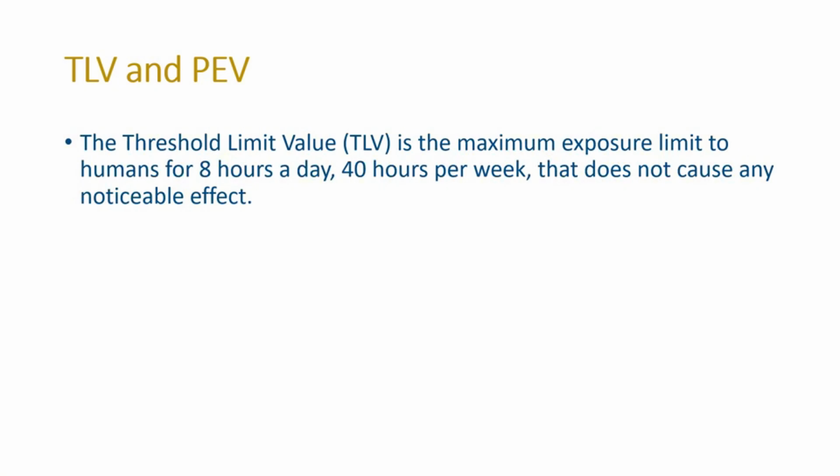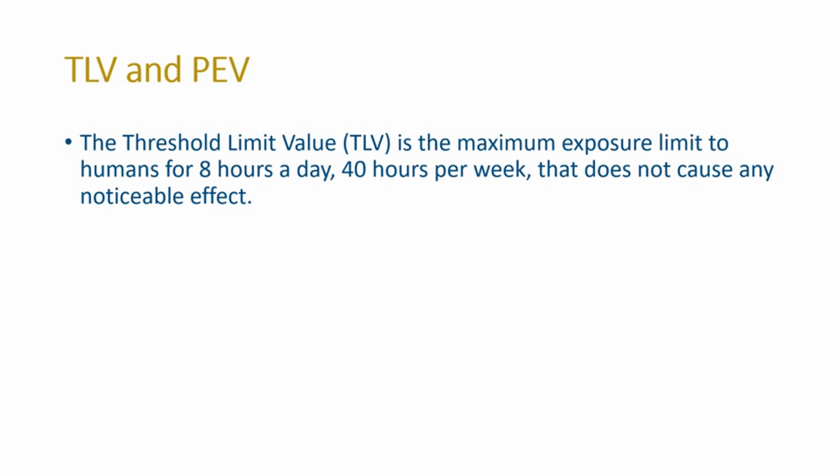So now that we better understand dose versus response and how to model that, how can we go about describing and communicating toxic concentrations of chemicals? One such means would be the threshold limit value, or the TLV. The TLV is the maximum exposure limit to humans for 8 hours a day and 40 hours a week over a long period of time that does not cause any noticeable effect.